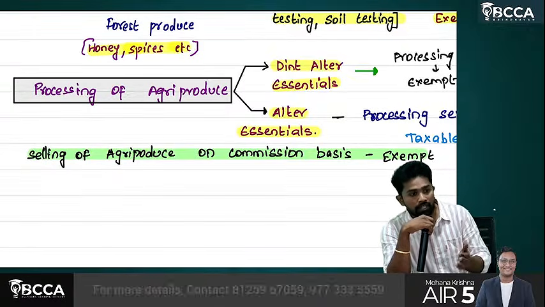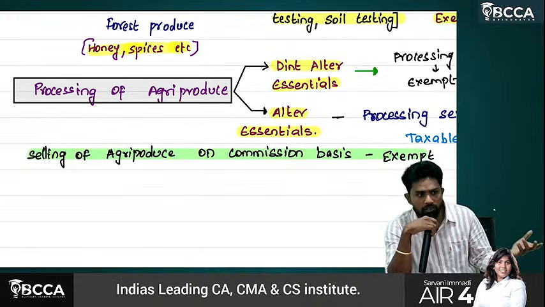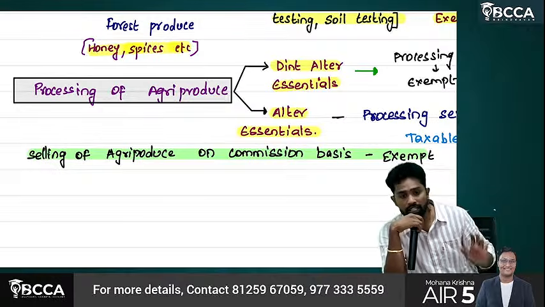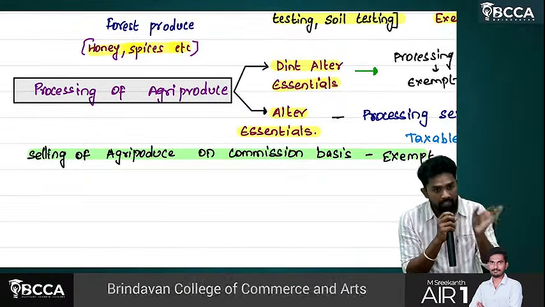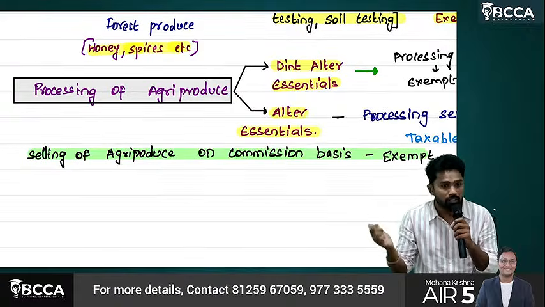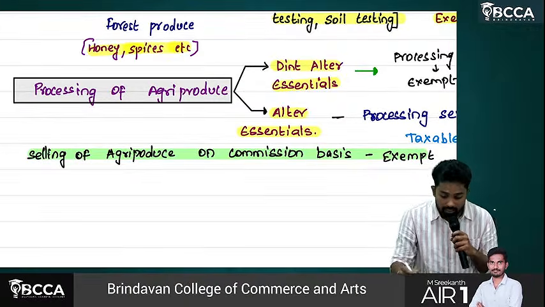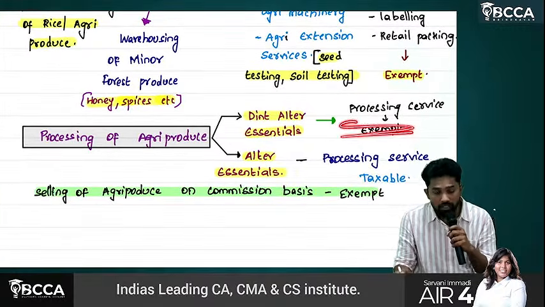When they cut the paddy and separate the seeds alone, that process is also not changing any essential characteristics. Or groundnut, when they break the nut and remove the kernel separately, that also is not changing any essential characteristics. Those processes are still related to agriculture only. They are exempted.